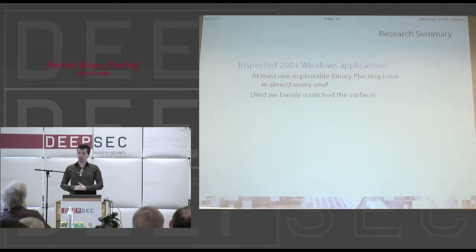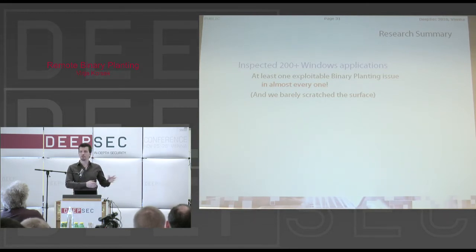What we did when we tried to assess the ubiquity of this vulnerability is we looked at over 200 widely used applications. We just tried to cover everything that's really as widely used as possible, as popular as possible. So we looked at commercial and freeware stuff, open source, closed source, everything we could download as trials and everything we had as licensed software.